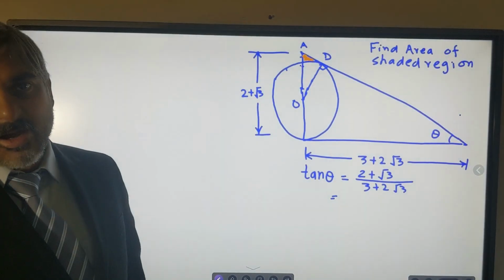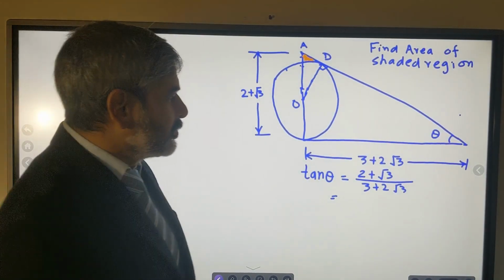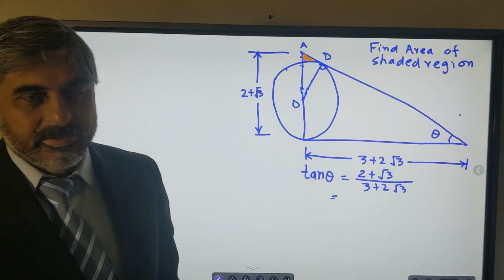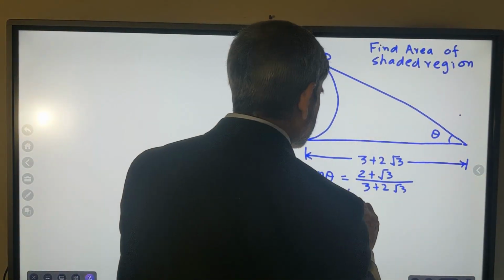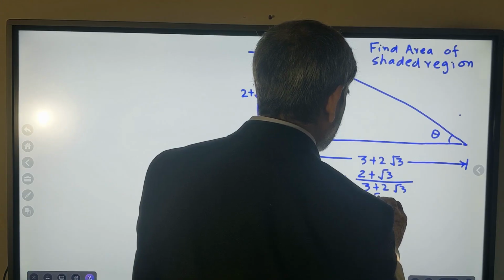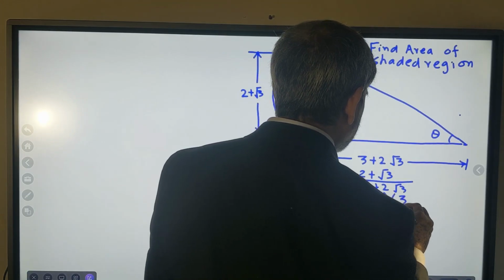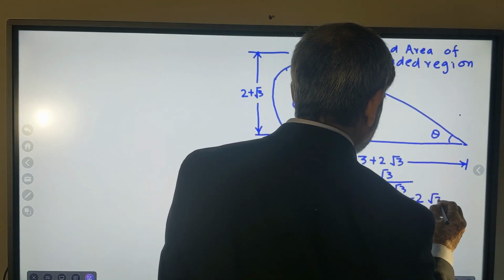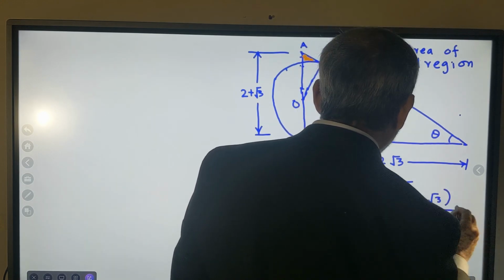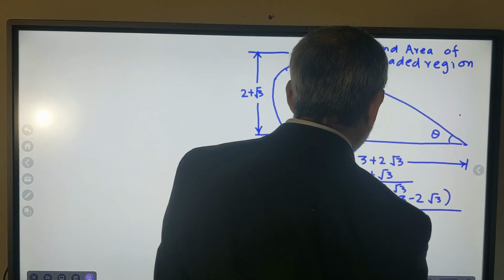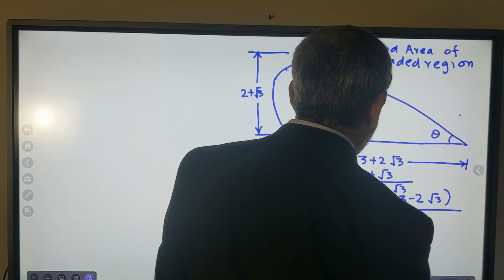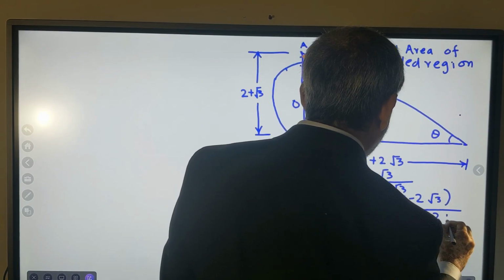This can be simplified by multiplying by the conjugate, which is 2 plus root 3 multiplied by 3 minus 2 root 3, and then we apply the a square minus b square formula in the denominator.